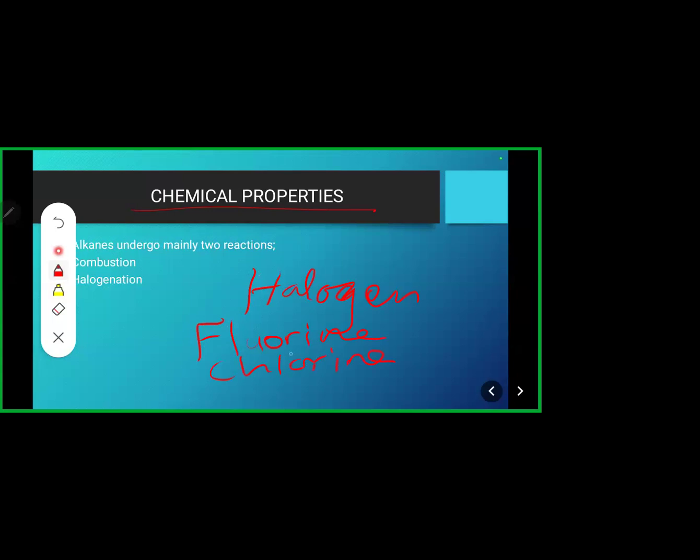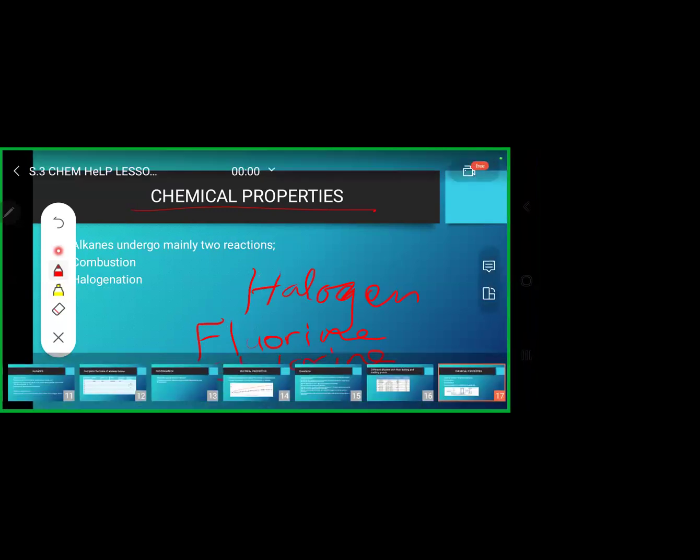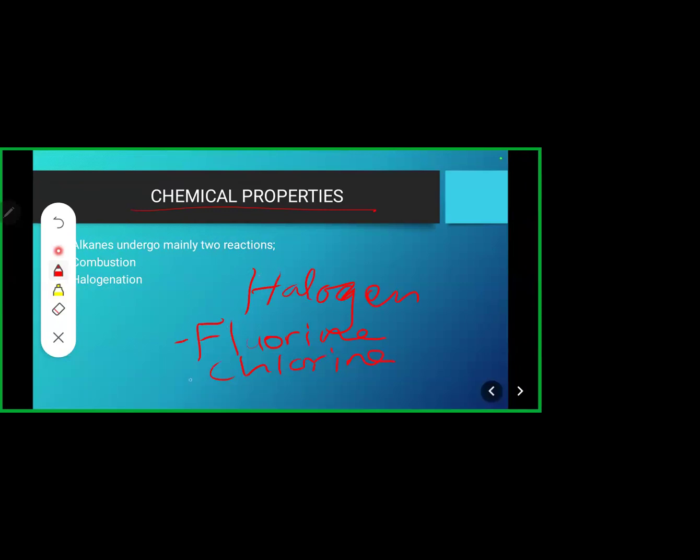So I believe when looking at the periodic table, your teachers must have mentioned that group 7 elements can also be called halogens. So we have fluorine, chlorine, bromine, we have iodine.